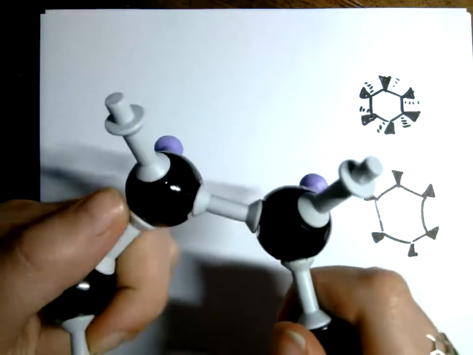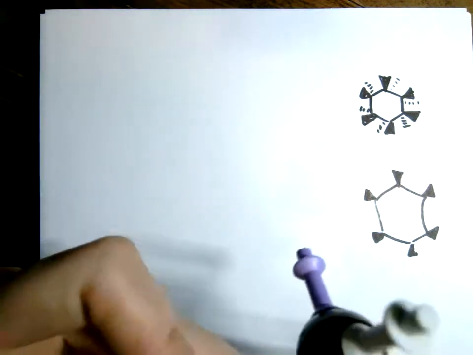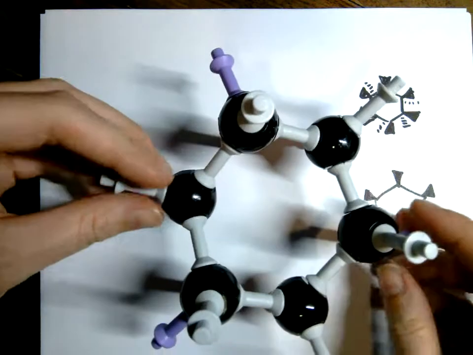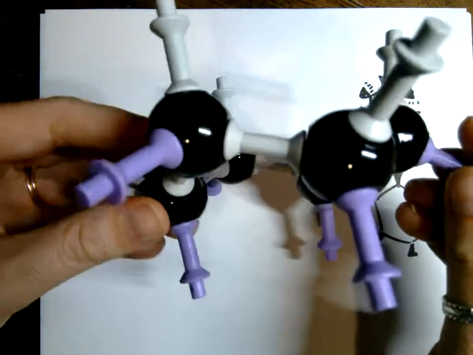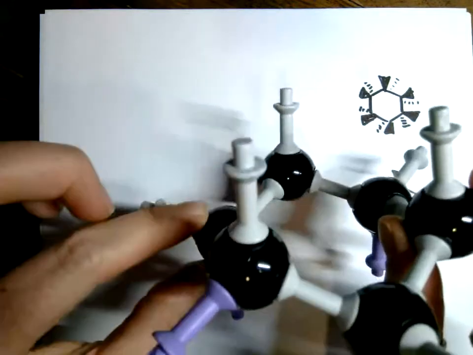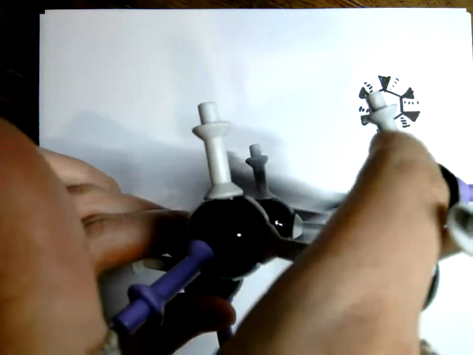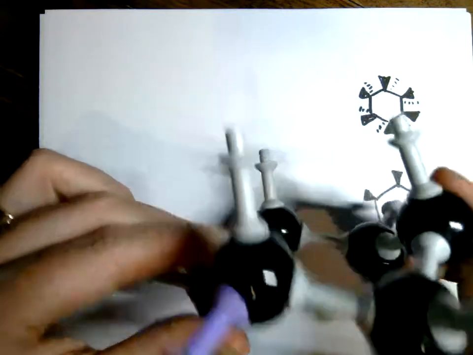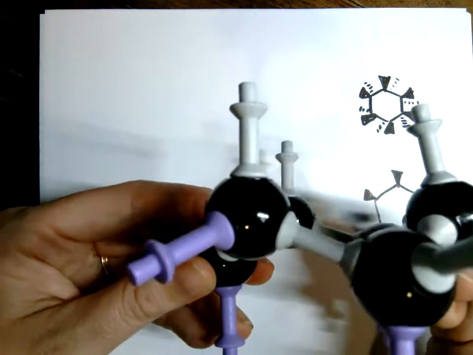But in real life, cyclohexane doesn't hang out like that, right? Instead, cyclohexane hangs out more in this conformation, what's known as the chair conformation. It's a chair because this side's pointing up and this side's pointing down, and this is the little seat. You've got a back and a little footrest. I think it looks more like a pool chair, the lounger at the pool, but whatever.